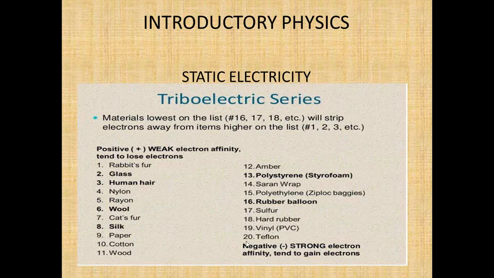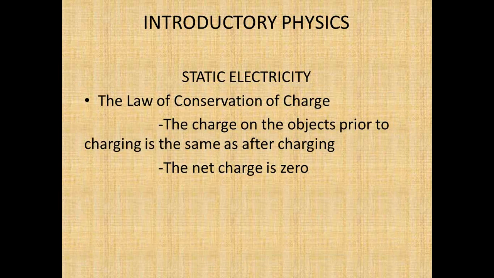They're lovers of electrons, as opposed to objects over here, which are givers of electrons. Okay? So if you rub these objects over here against these, they're going to give up their electrons, and these objects are going to attract their electrons. So this is what we call the triboelectric series. You're ordering objects according to their affinity, their love for electrons.